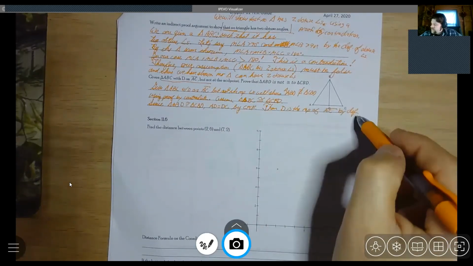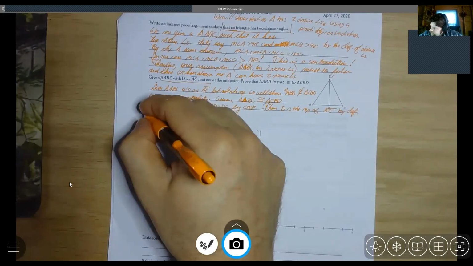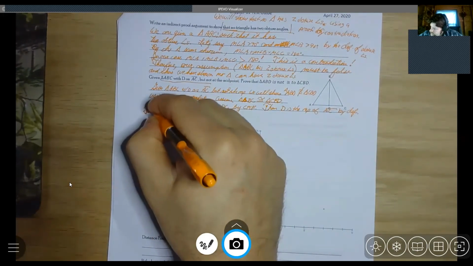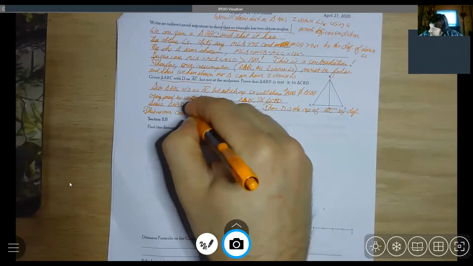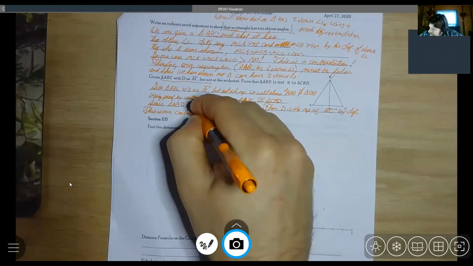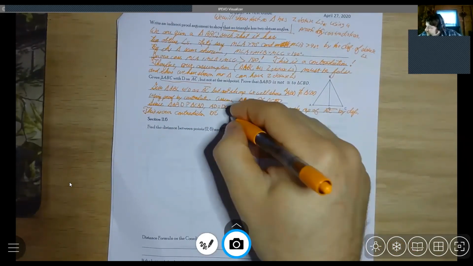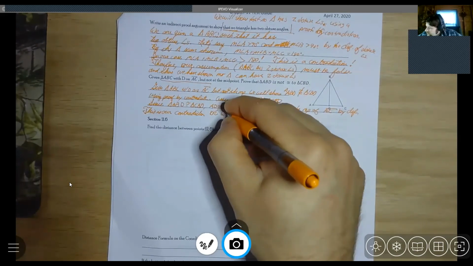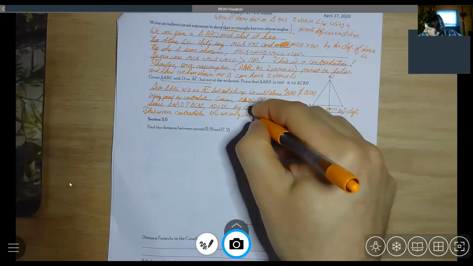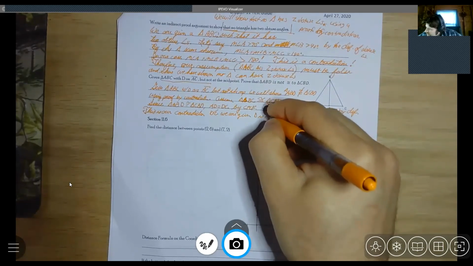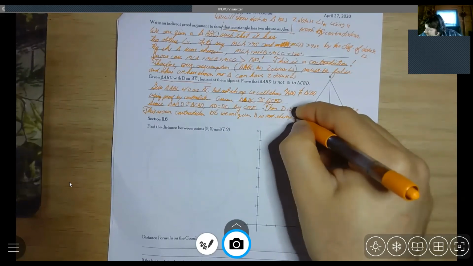So D must be the midpoint, but this is our contradiction, because we are given D is not the midpoint of AC.